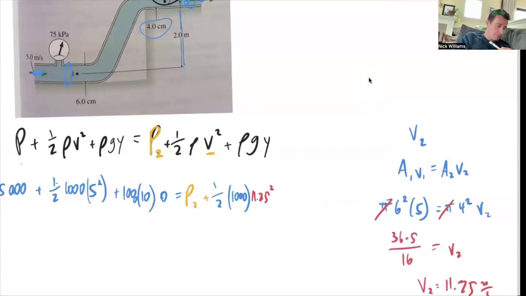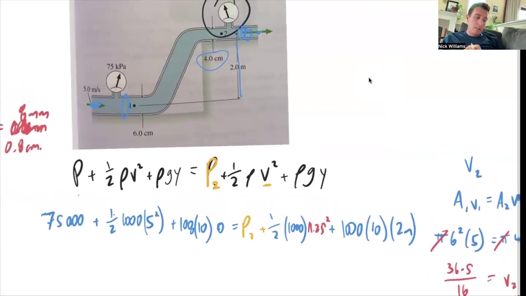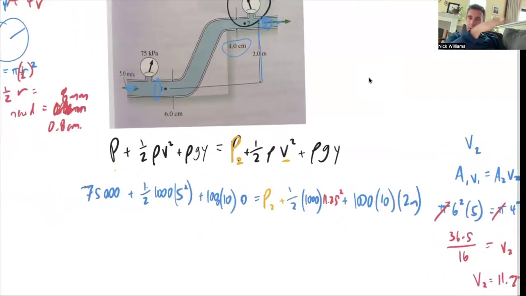Plus 1,000 times 10 times 2 meters in height. Algebra, algebra, algebra.